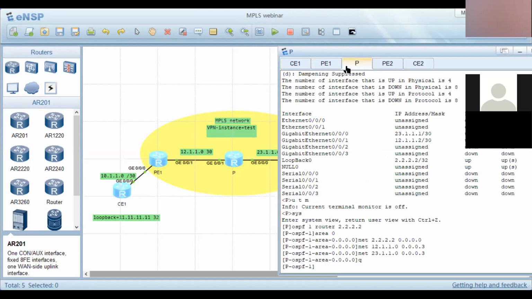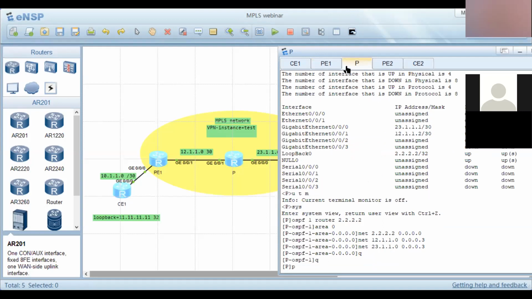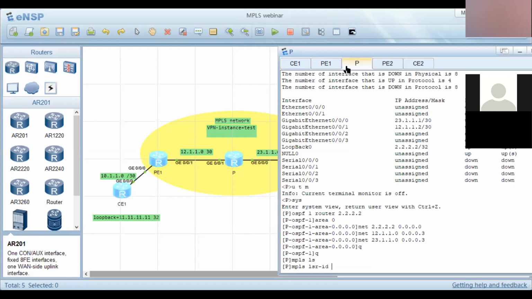On the P router, we'll also configure the MPLS LSR ID, the same as the PE router.